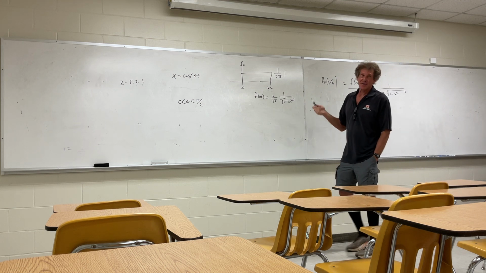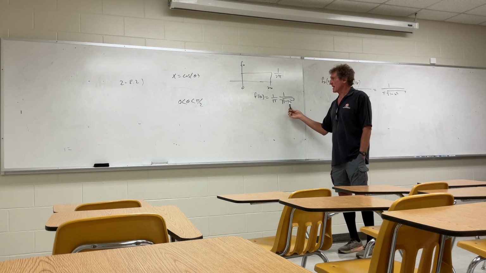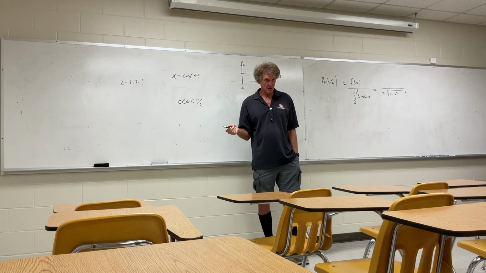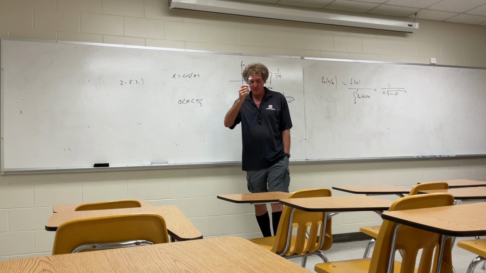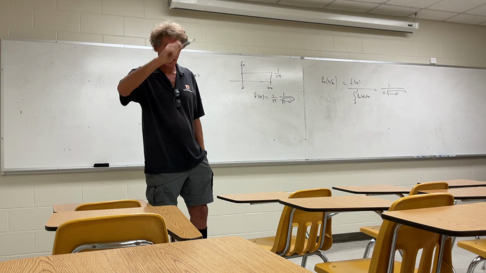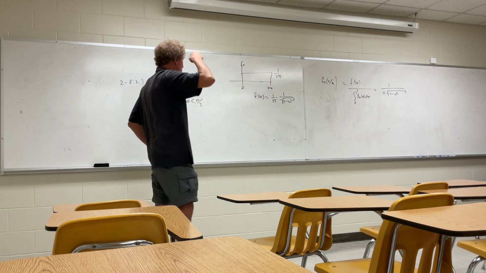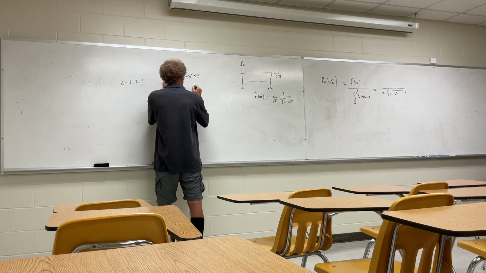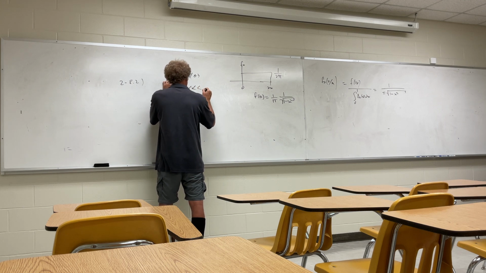I can argue this one. The span of x, if it's cosine, is from -1 to 1. Do you all agree with that? Because you got a full cycle, theta goes from 0 to 2 pi, which is an entire cycle of the cosine. So x can be greater than -1, less than 1.